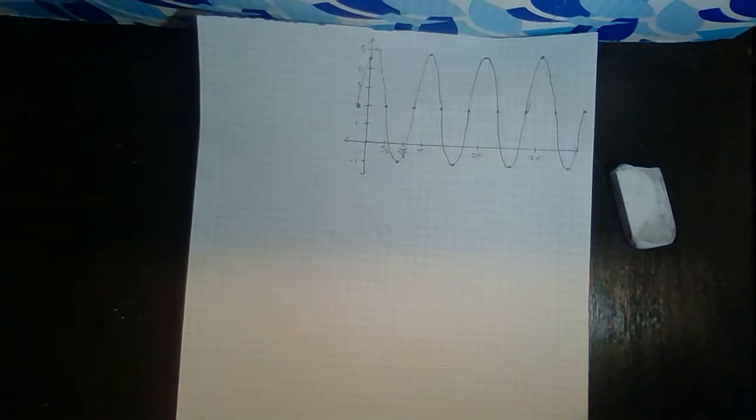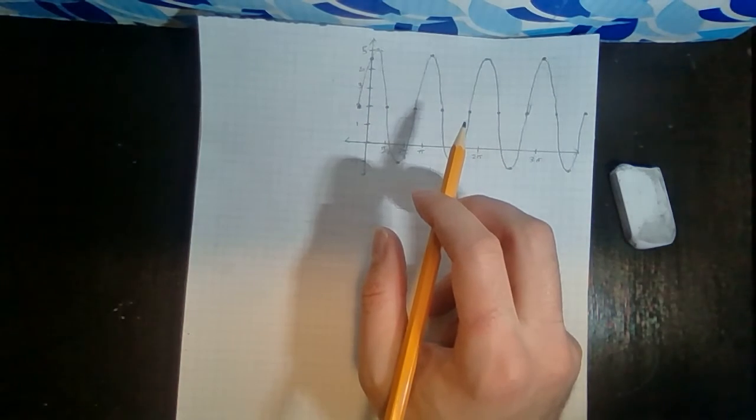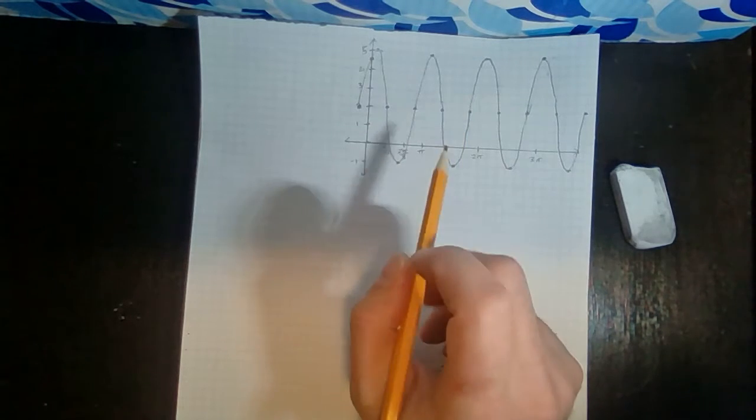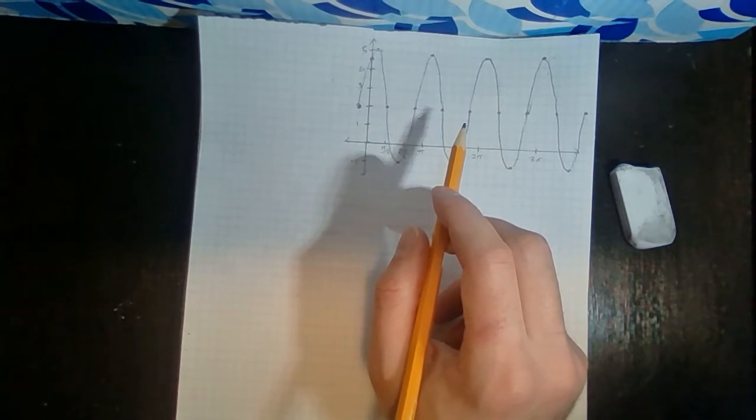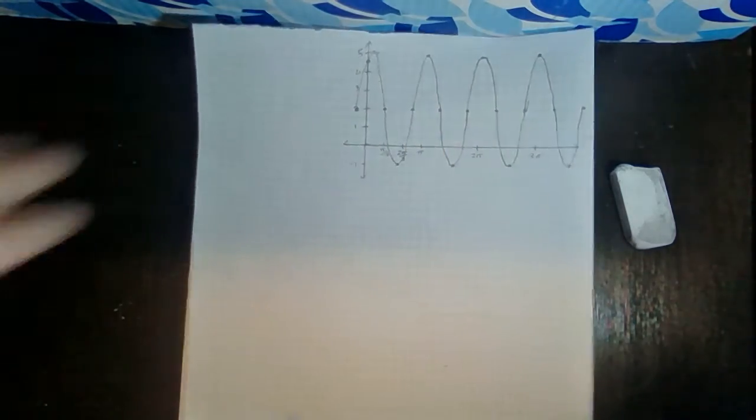So for our first example, I've tried to draw as best I could the graph that's shown on the lesson. So our first step was finding our c value.